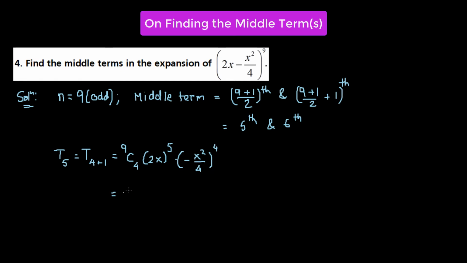So this is equal to 9C4 times 2 raised to the power of 5 times x raised to the power of 5 times negative 1 raised to the power of 4 times x squared raised to the power of 4 will be x raised to the power of 2 times 4, which is 8, divided by, now we have 4 raised to the power of 4, which we can rewrite as 2 squared raised to the power of 4. So we'll have 2 raised to the power of 8.